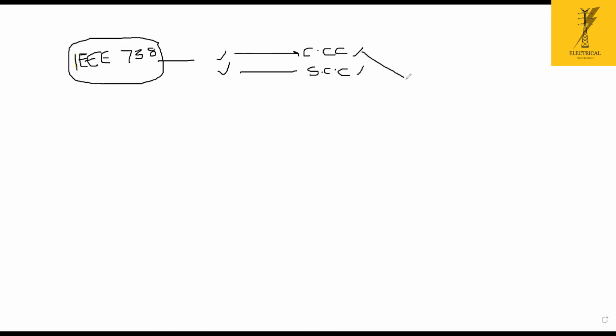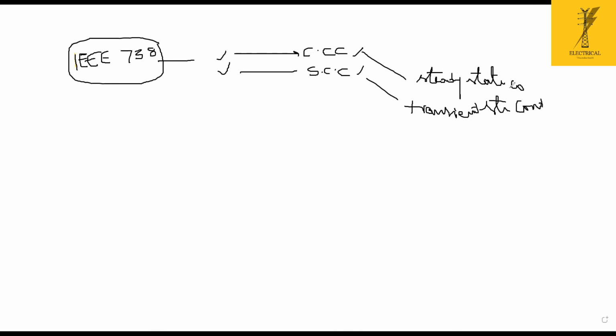These two will be done by two methods. One is a steady state calculation, which will tell the current carrying capacity of the conductor, and the second one is short circuit current. This we will do at transient state condition. Steady state and transient state condition.